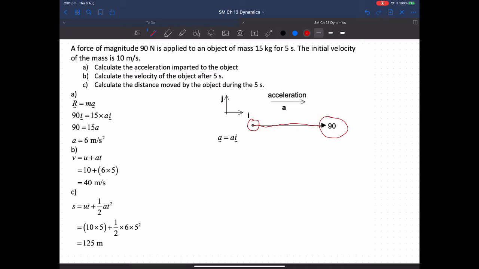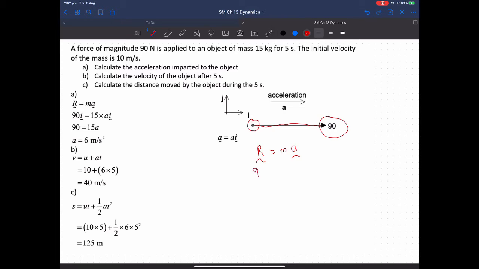Like we did before, we can say vector R equals mass times acceleration. Now, the only force operating on this in the horizontal direction is the force of 90 newtons.